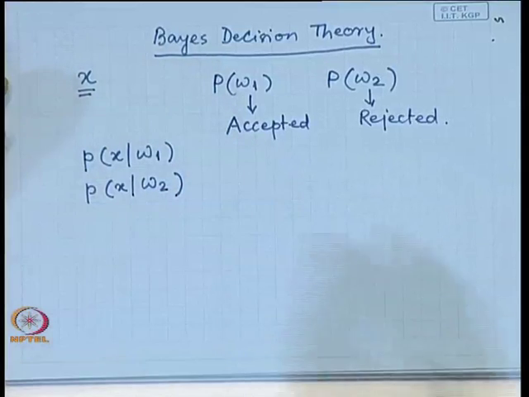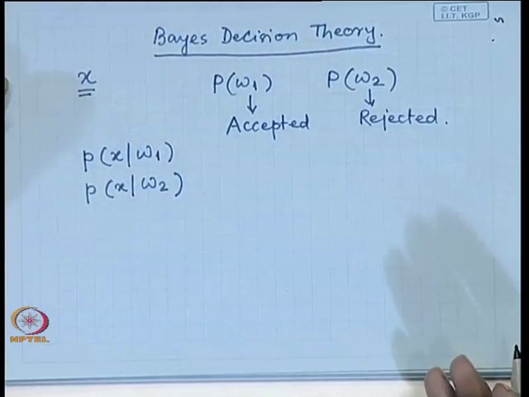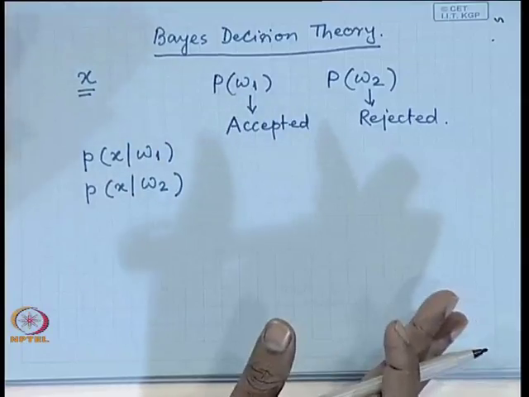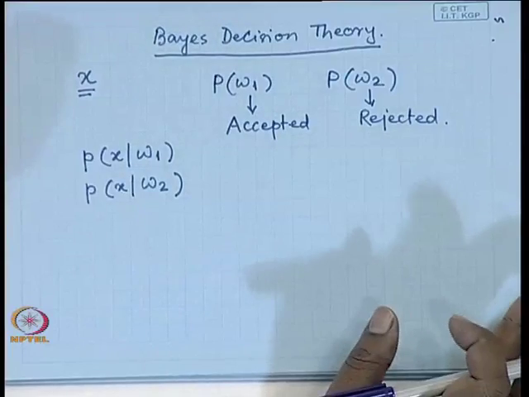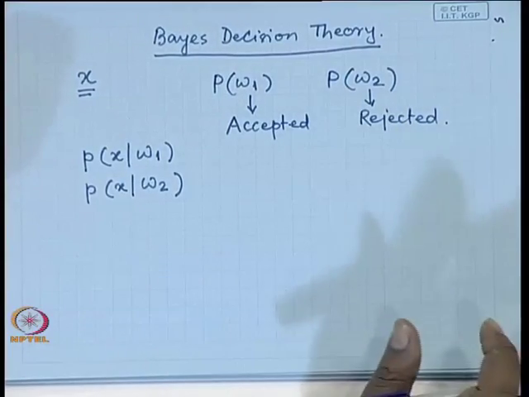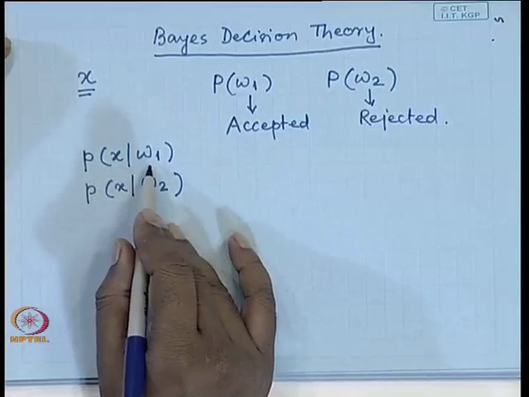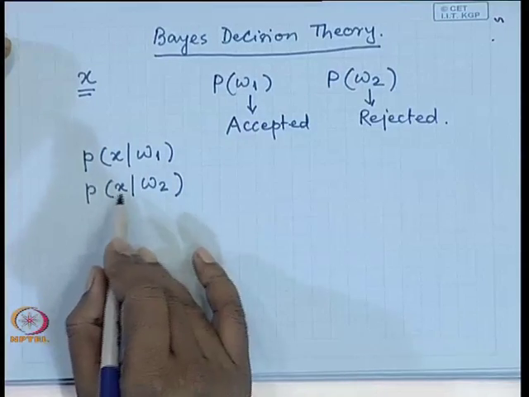These two are the class conditional probability density functions, which we have to estimate based on the measurements of x for objects which are known to belong to class omega 1 and the measurements of x from the objects which are known to belong to class omega 2.